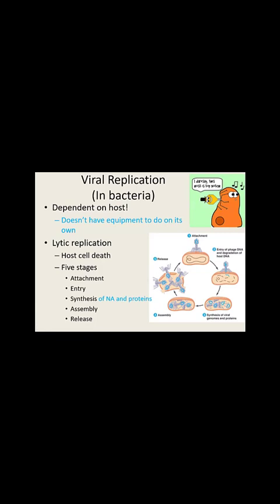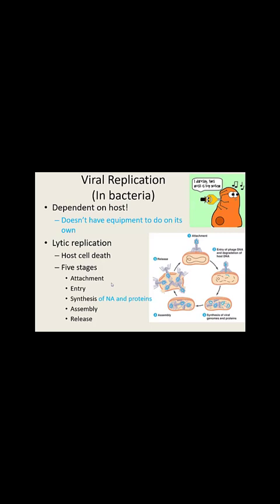Now, there are 5 stages of lytic replication, and it's nice if you write them down in order, numbering 1 through 5, because it's these 5 stages. There are 5 basic stages, some slight differences between viruses, but there are 5 basic stages, whether it's a bacteriophage or whether it's a virus that infects animals or human cells.